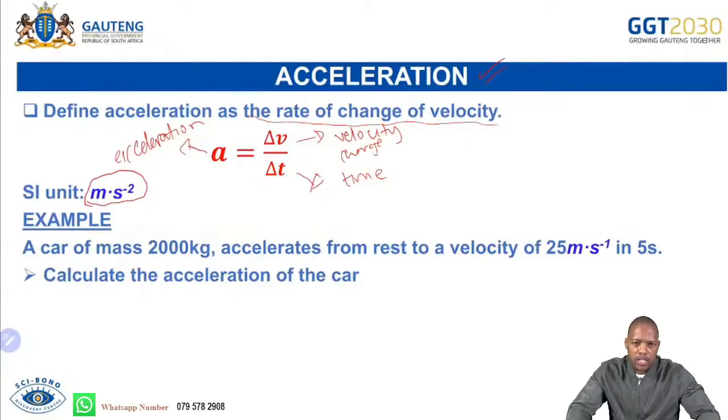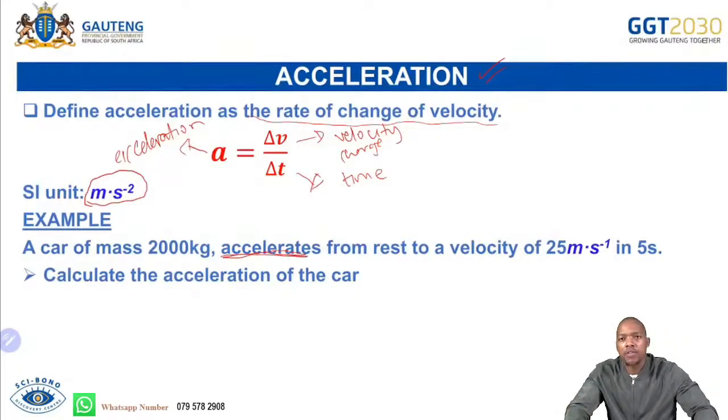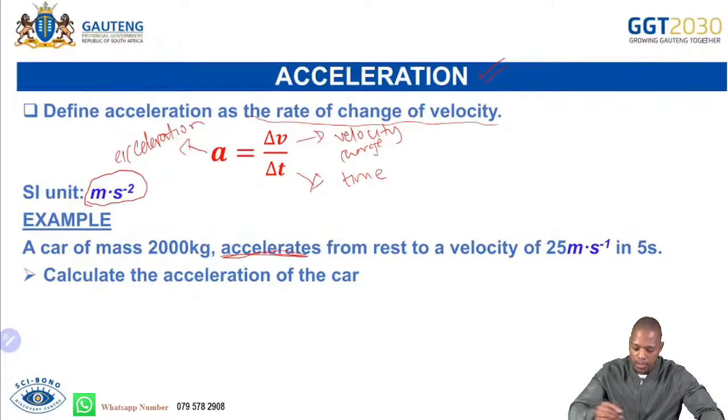Right. So I want to take a small example just for reminding ourselves as to how we're doing calculations of acceleration. An example like this one. You have a car of mass 2,000 kilograms, and we are being told that the car accelerates from rest. So it means the car changes its velocity. And the word rest, if you remember, means that it's stationary.